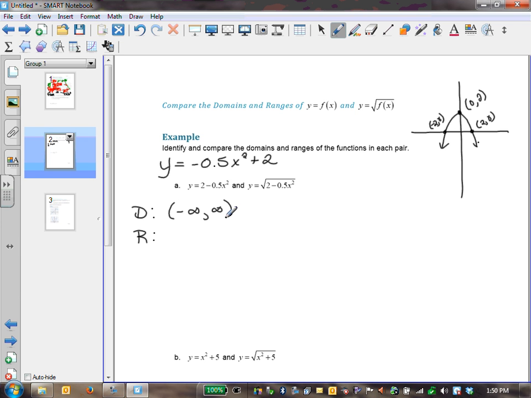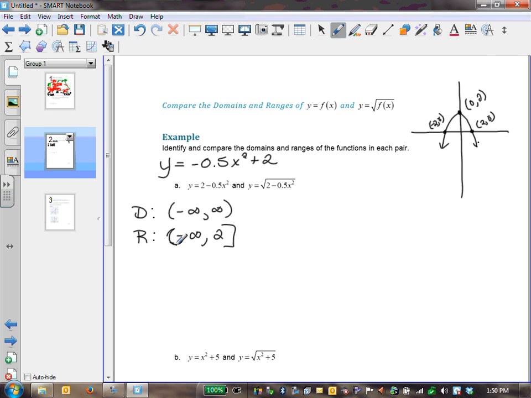The poor souls who are not here today will be listening. Okay, range for this one. Negative infinity to 2, square bracket. Okay, that was good.